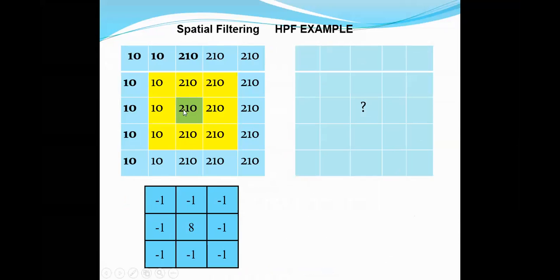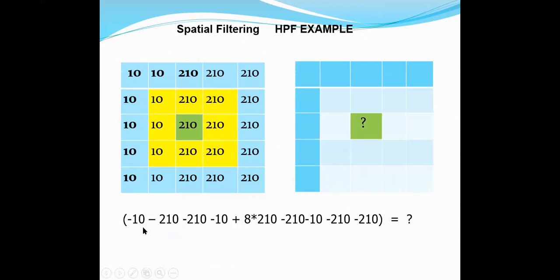So this is one more example. Now instead of the previous mask, we are considering this mask, that is 8 surrounded by -1, meaning we are considering the horizontal direction, vertical direction, as well as diagonal directions. So apply this filter on this 3x3 image. The operation is as shown here.